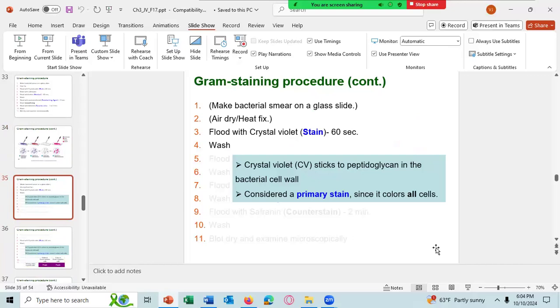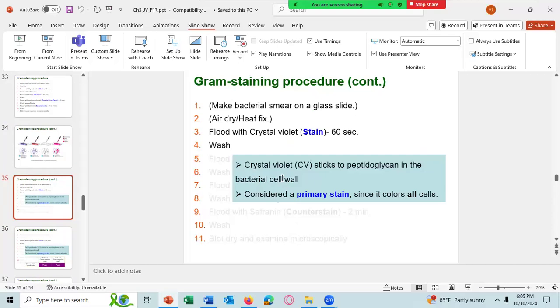To do the Gram staining procedure, you must have a bacterial smear. The bacterial smear should be air dried and then heat fixed so the cells are attached to the slide. If you do not air dry and heat fix the cells, which will attach the cells to the slide, the cells will wash off simply by putting the crystal violet iodine on. That will lift up the cells.